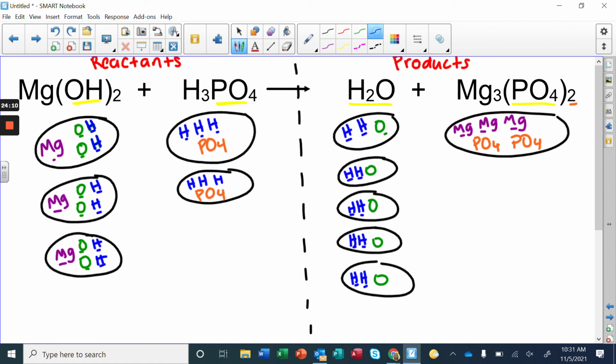So go back and count your hydrogens. I have 1, 2, 3, 4, 5, 6, 7, 8, 9, 10, 11, 12 on my reactant side, and I have 1, 2, 3, 4, 5, 6, 7, 8, 9, 10 on my product side, so I need one more bubble.